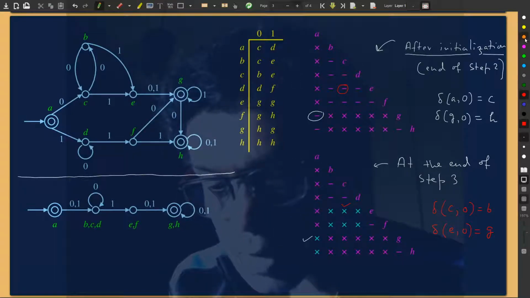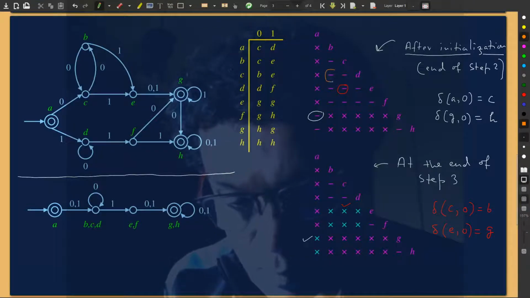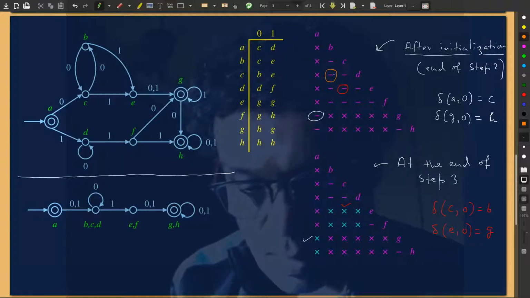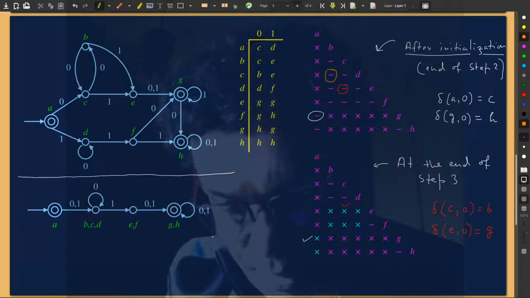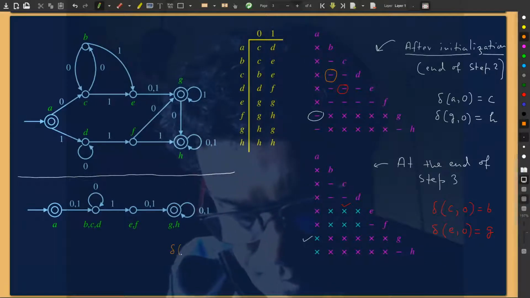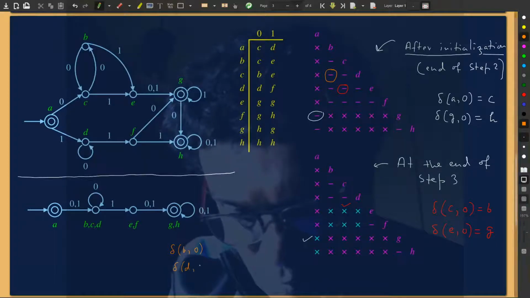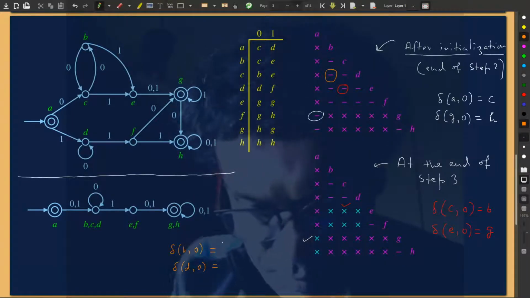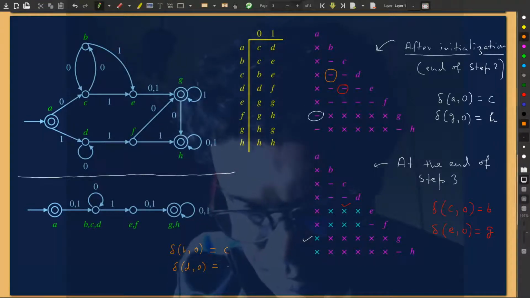Let us look at BD. B and D. So let us look at delta B0, delta D0. What is delta B0? It is C. What is delta D0? It is D.